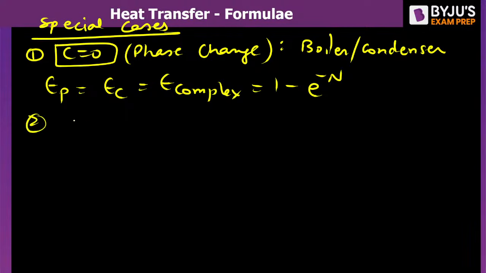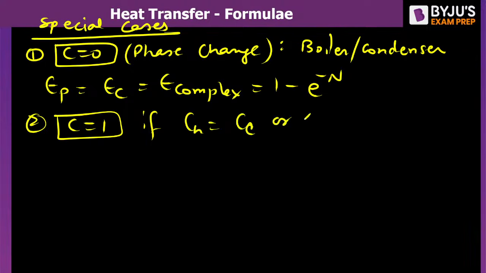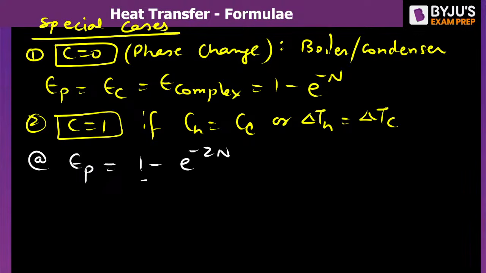If C is equal to 1, if CH is equal to CC or delta TH is equal to delta TC, then effectiveness for parallel is given by (1 minus e to the power minus 2N) by 2.